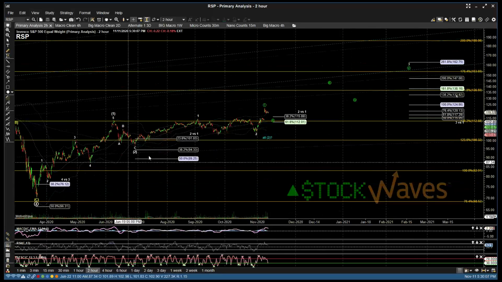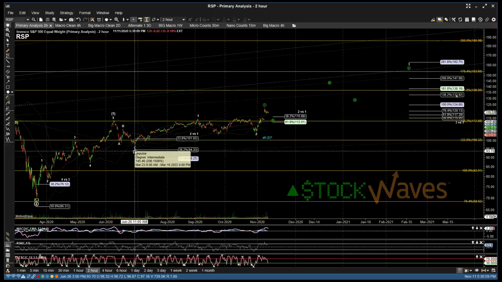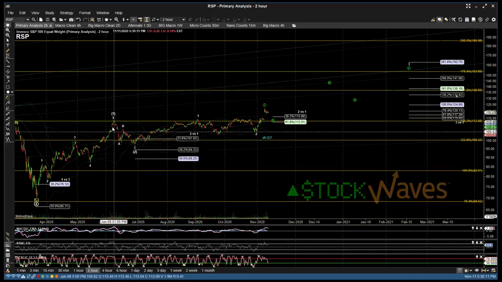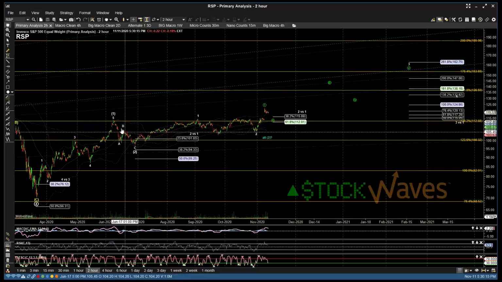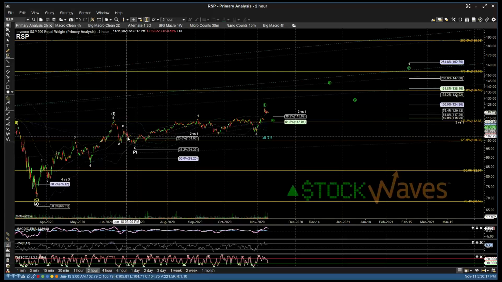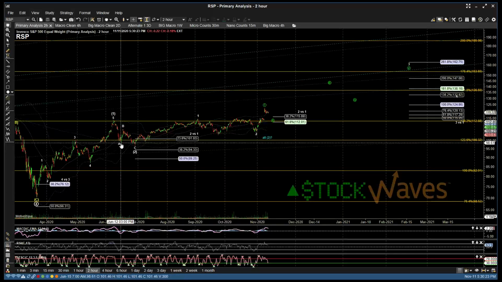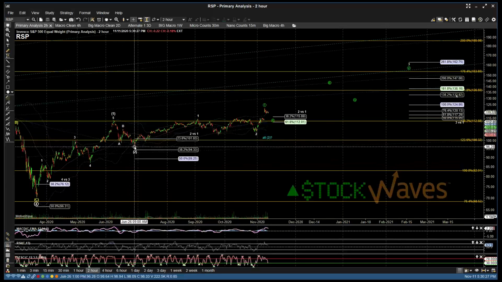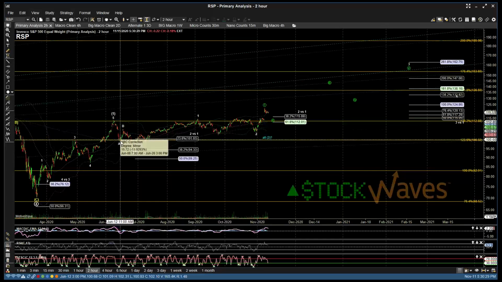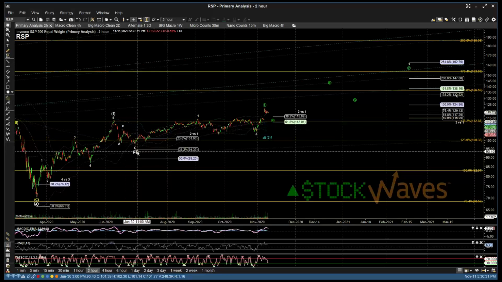I wanted to pull up the RSP because it did make a lower low later in June. So this consolidation here looked like a very compressed running flat, where the move down here made a much higher low than the initial move down in June. In RSP, it did make a substantially lower low. It looks like it filled out much more as an ABC.